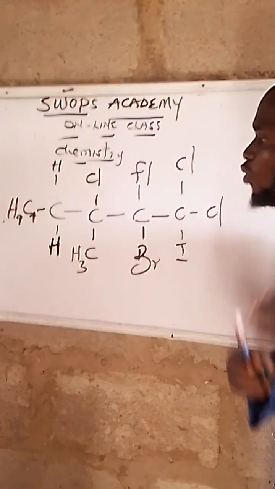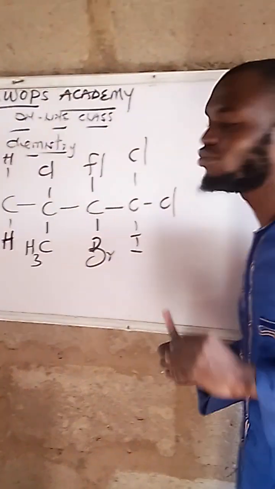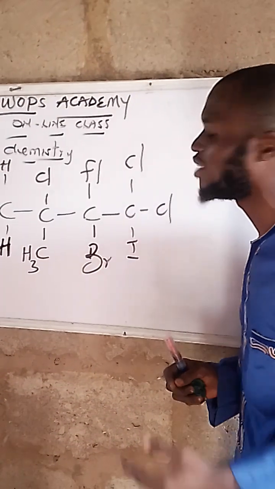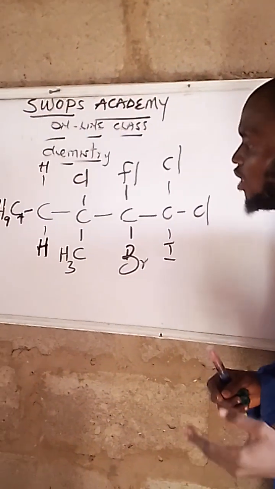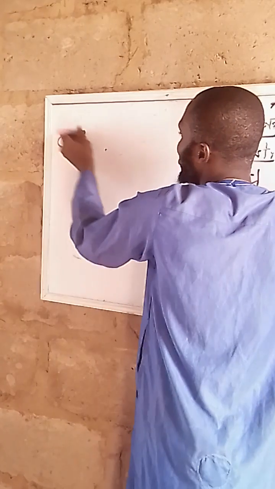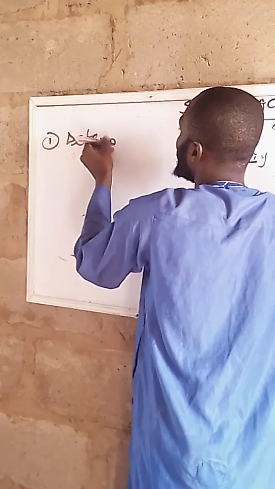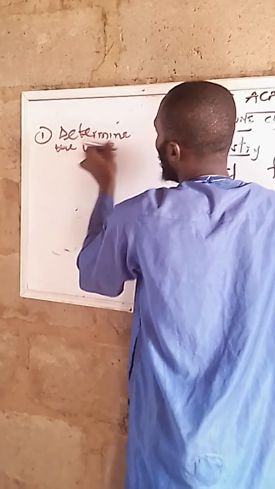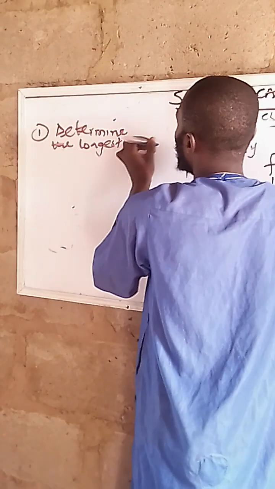Please, for those people watching this video, try and cram this rule. It will be of help for those preparing for WAEC, JAMB, and A-level students. Rule 1 said: determine the longest chain.